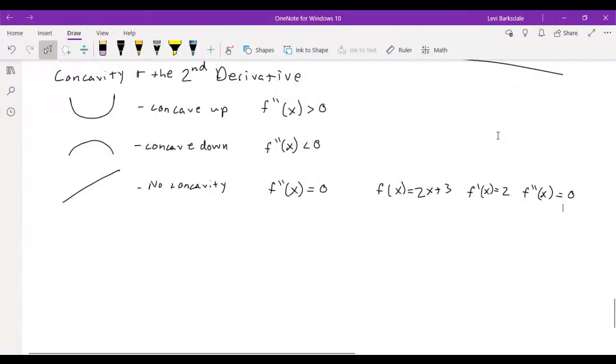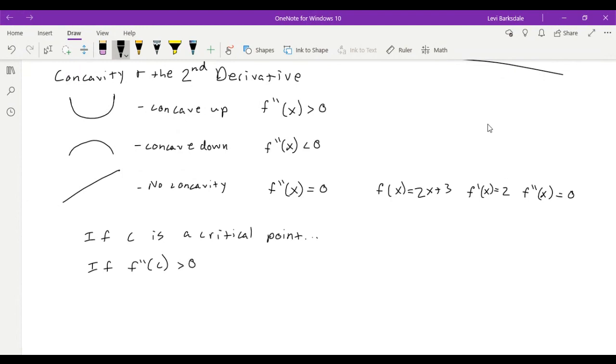Okay. Then our second derivative test says if c is a critical point, then if f double prime of c is bigger than 0, we have a local minimum.